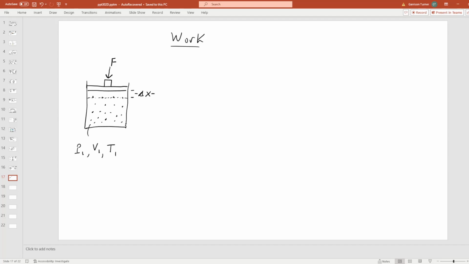First things first, remember that work is equal to force times displacement. So a small amount of work, delta W, would be equal to the force pushed down times my displacement. For our purposes at the moment, it doesn't matter if we call it W or delta W. They mean the same thing.